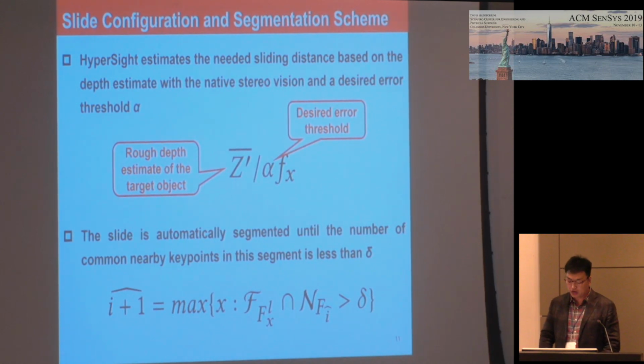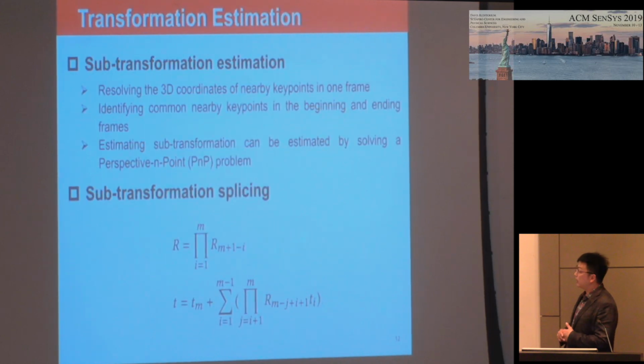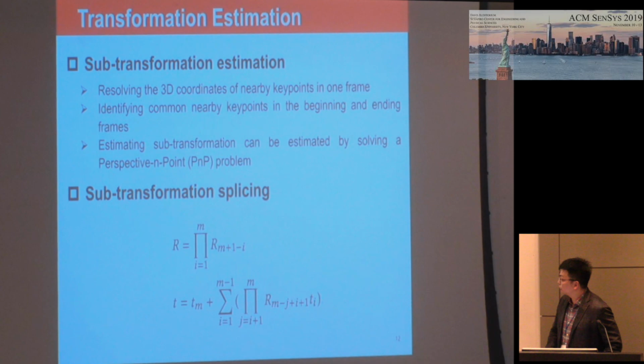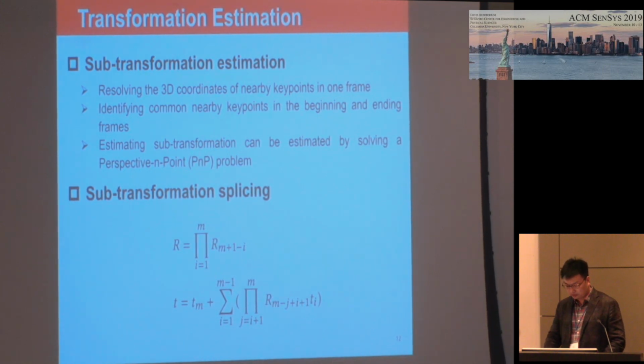Okay, so we try to use long segments. After that, we can estimate each sub-transformation or segment. Then we splice all the transformations. We get the whole rotation R and the whole translation T.